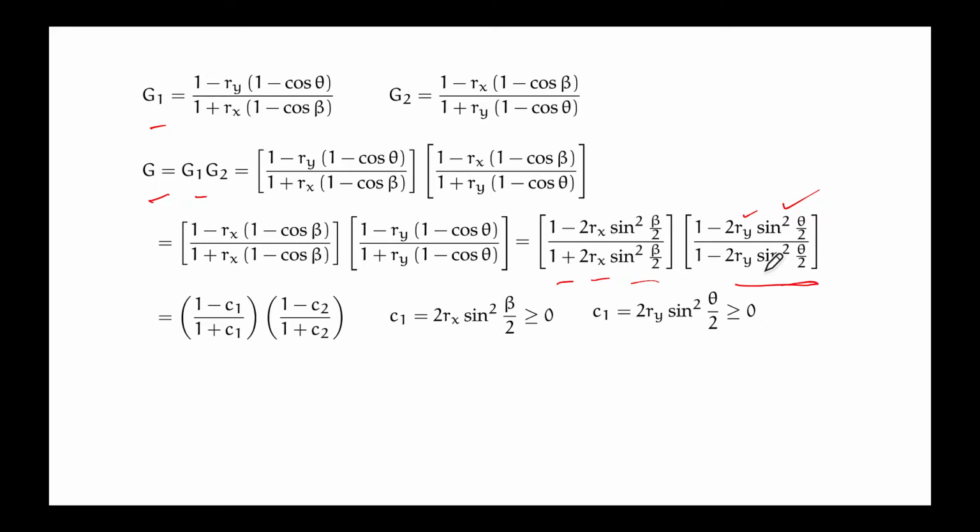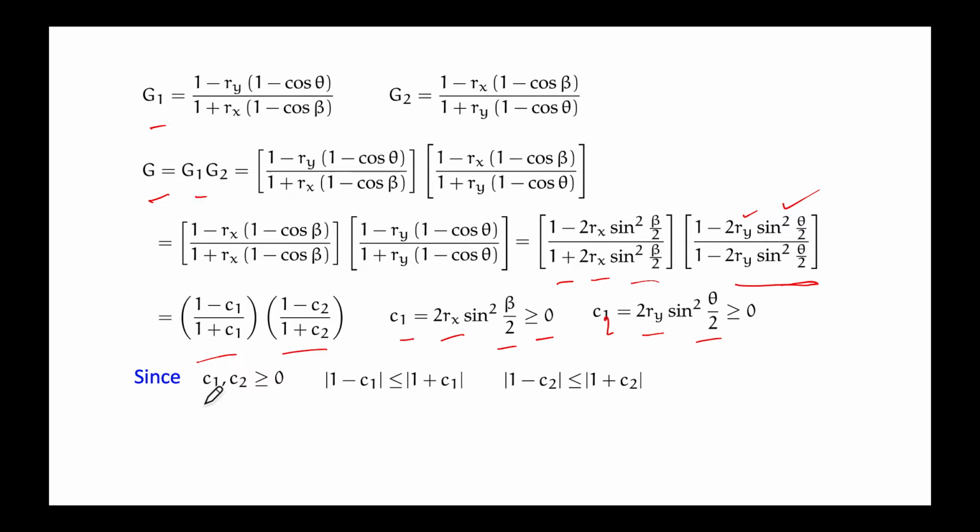Now you can see that I can write this expression as 1 minus c1 divided by 1 plus c1, times 1 minus c2 divided by 1 plus c2. c1 is twice rx sine square beta by 2, which is of course greater than or equal to 0. Similarly, c2 is twice ry sine square theta by 2, that is also greater than or equal to 0.